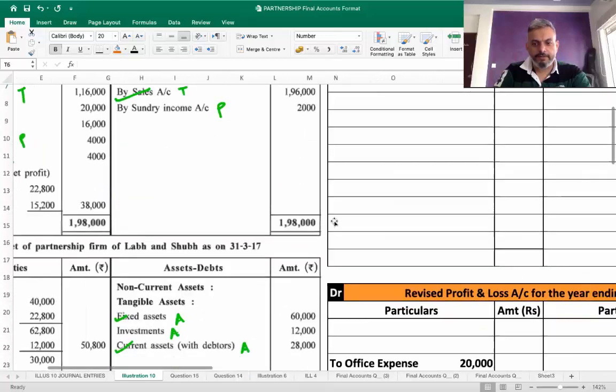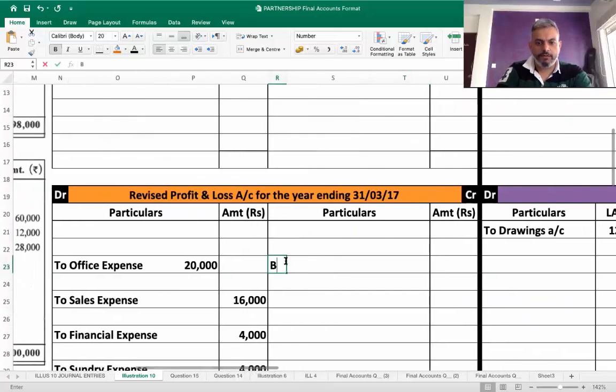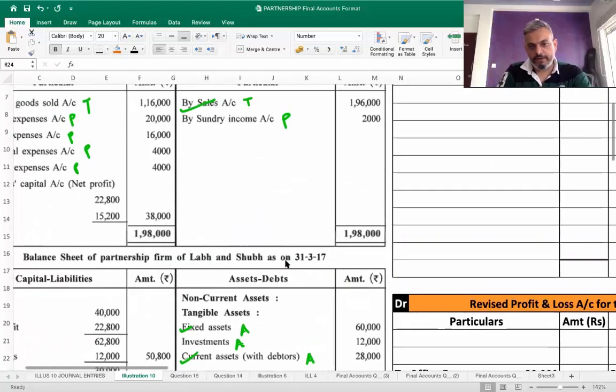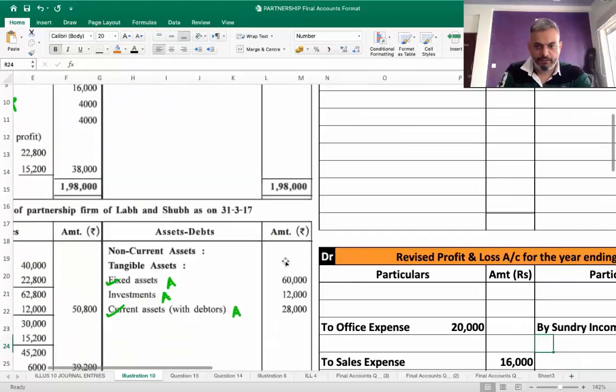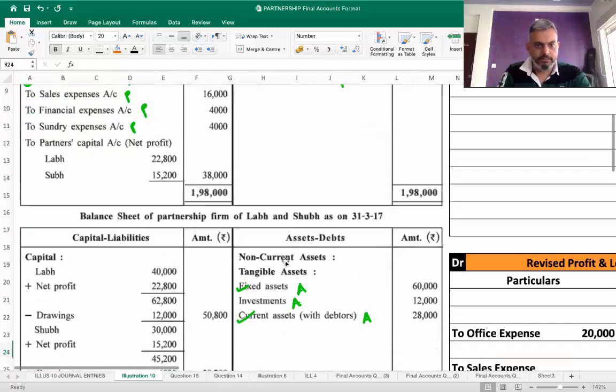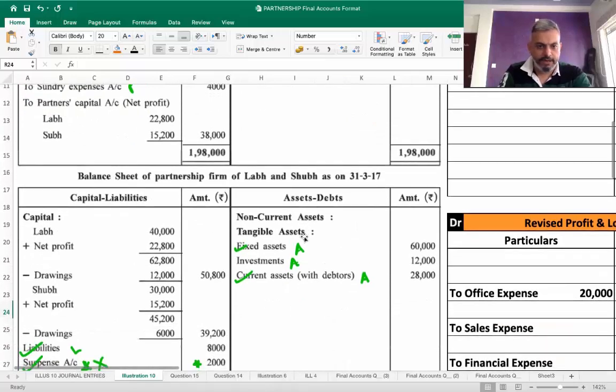By sundry income, profit and loss, inner column 2,000. Outer column, sorry, 2,000. अलग से record करेंगे हम interest on investment. So all done over here. This later on we'll see profit का importance क्या है.